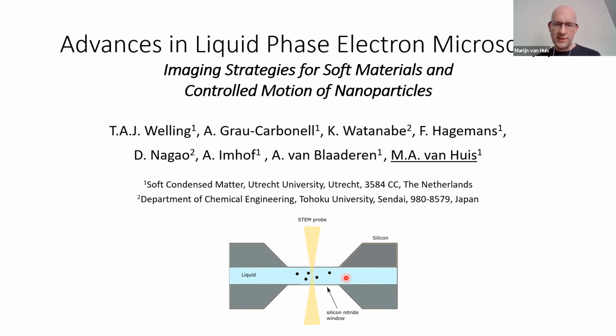The liquid is within, and there is a certain pressure difference, obviously, that leads to some bulging of this area, but it doesn't break, and that gives us the opportunity to image nanoparticles inside a fluid or liquid environment. And typically there is also a flow, which helps to reduce the beam effects, because then you transport away the radicals that you produce by the exposure by the electron beam.